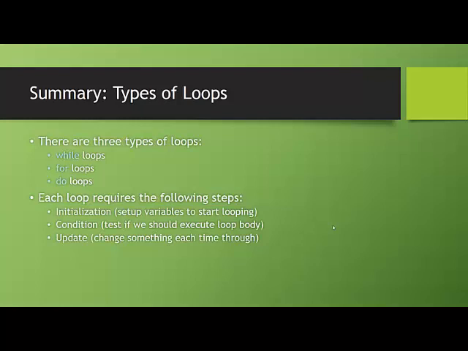And then we need to update or change something each time. So in a for loop, what we're changing each time is we're incrementing our index variable for the number of times that we're going to execute the for loop. And in a while or do loop, we update a variable that then is tested to determine whether a condition is true or false.